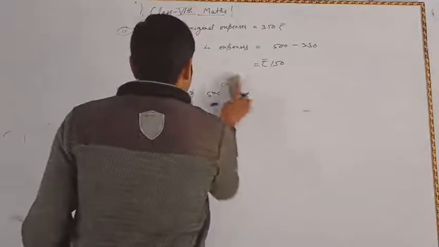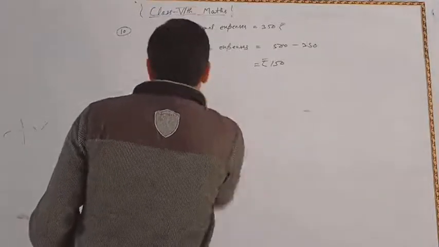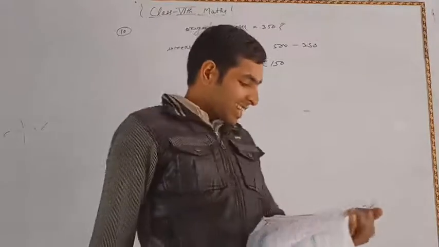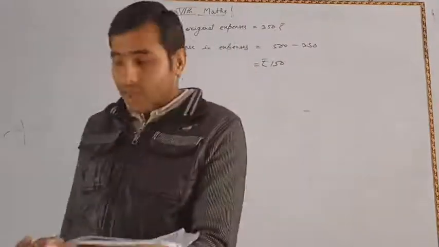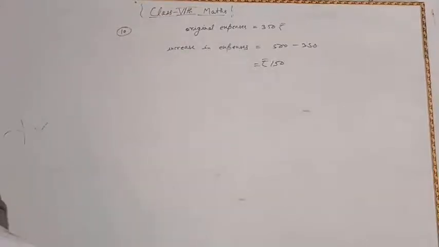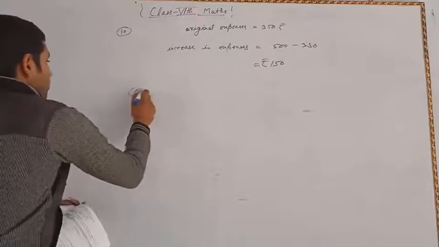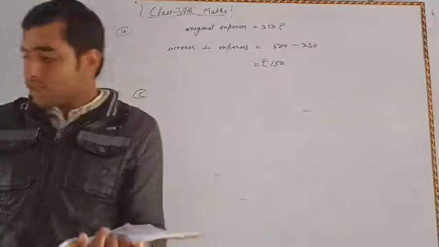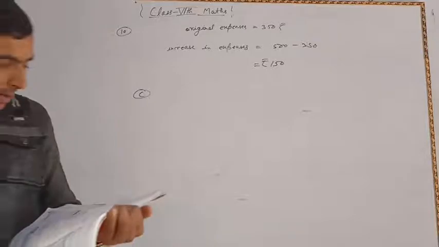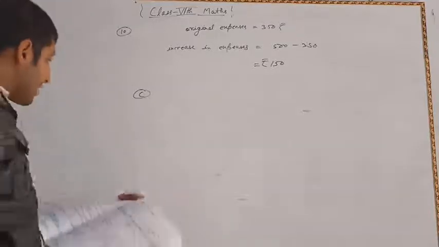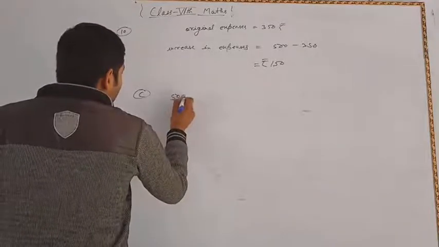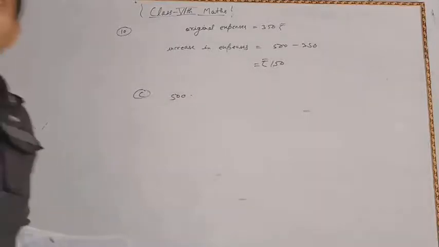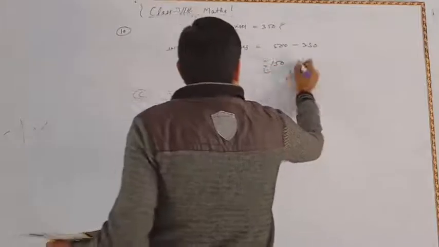Again, in part C, we have to find increased expenses to increase in expenses. So from here, part C, it is given that increased expenses is equal to 500, and increase in expenses is equal to 150.